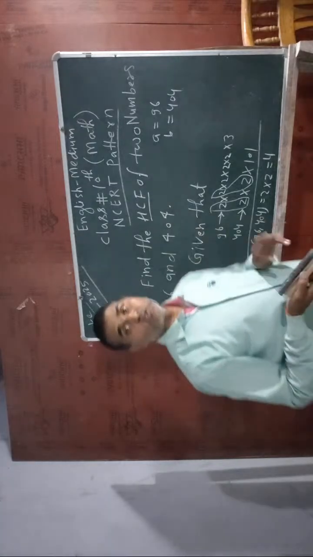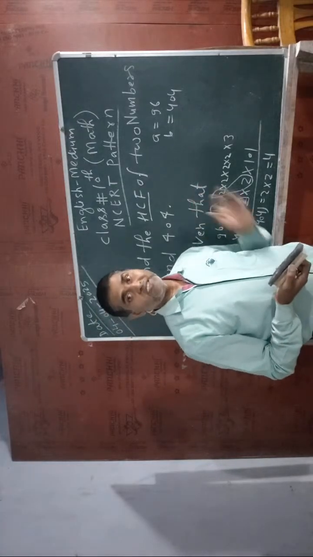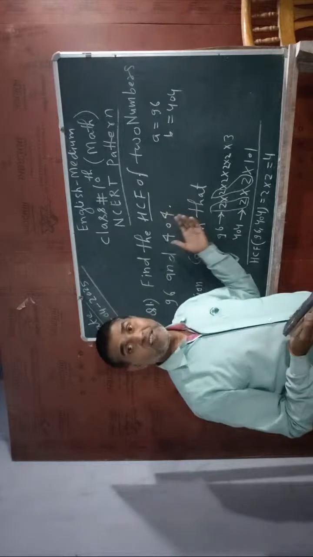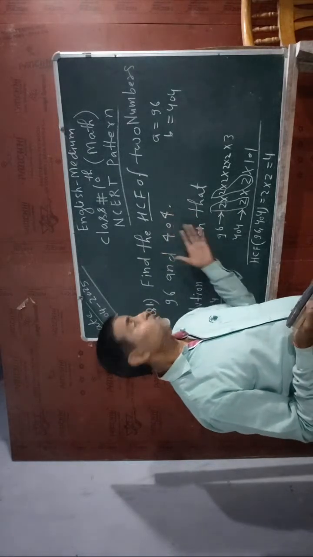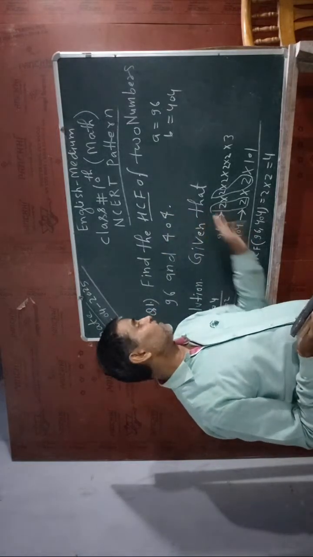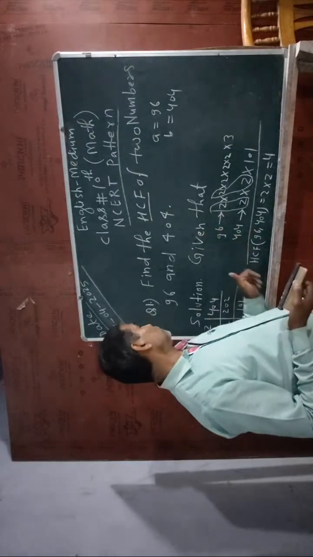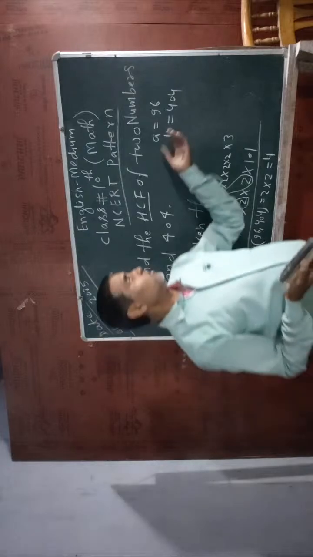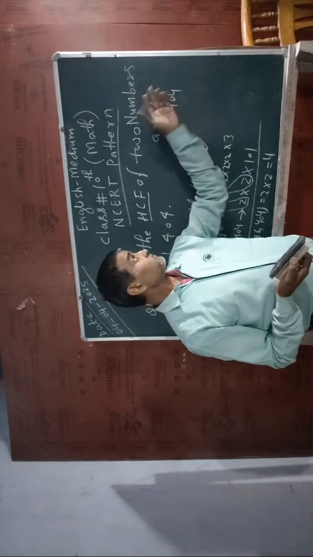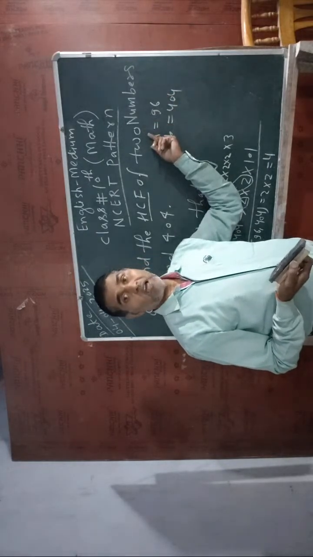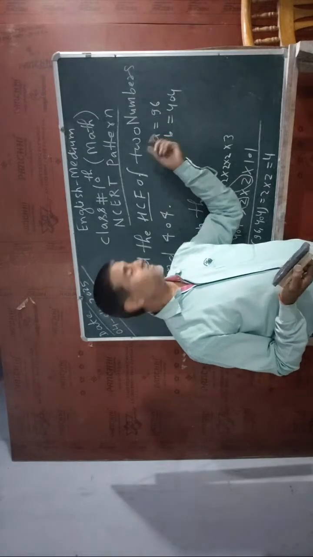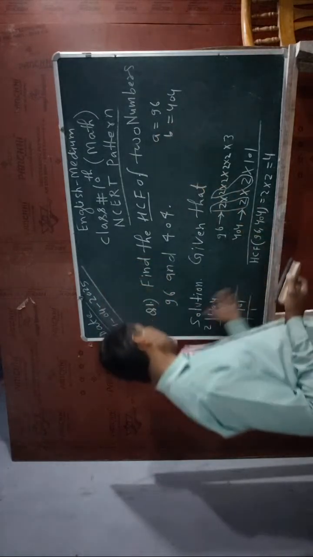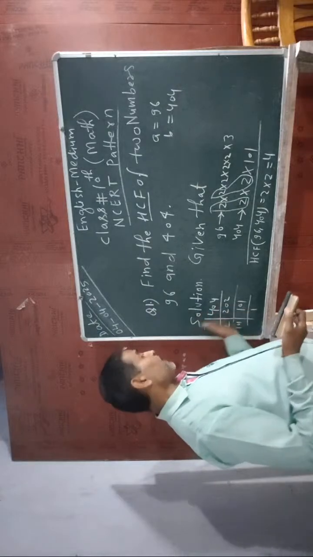So each and every question you can easily solve by this method. If any 2 or 3 or 4 numbers are given, by this way you have to get the HCF of the given numbers. First of all you have to assign the given numbers a letter from A to Z. After assigning, you have to take its prime factors.